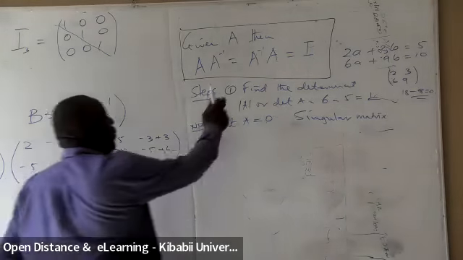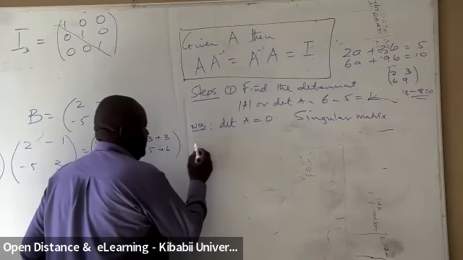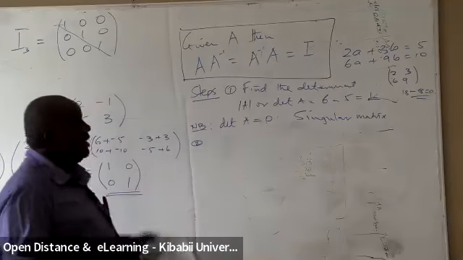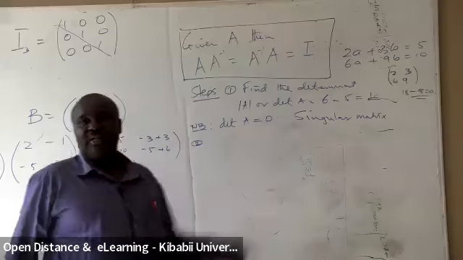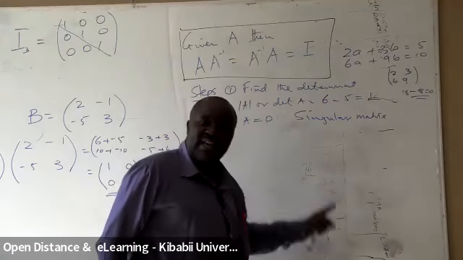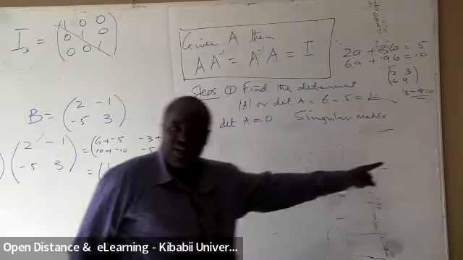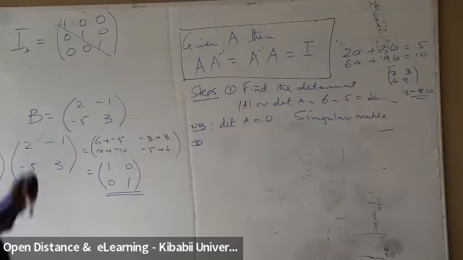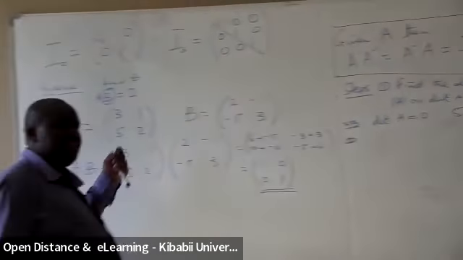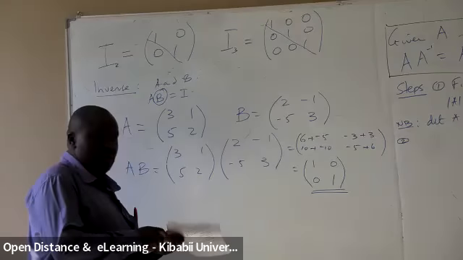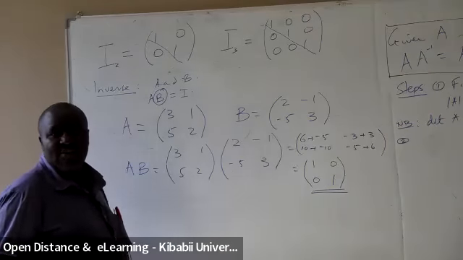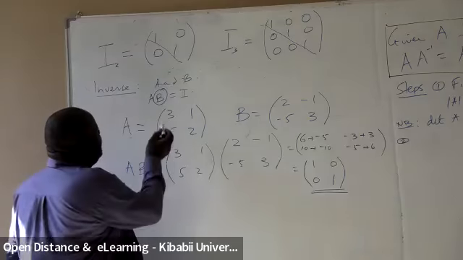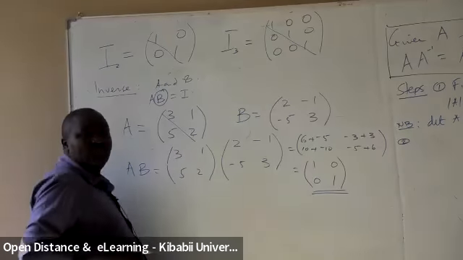So step 1 in finding the inverse of a matrix is to find the determinant. If the determinant is 0, this matrix has no inverse and it is a singular matrix. Now, step 2 is that we interchange the elements in the main diagonal and change the sign of the elements in the other diagonal. This is our main diagonal.